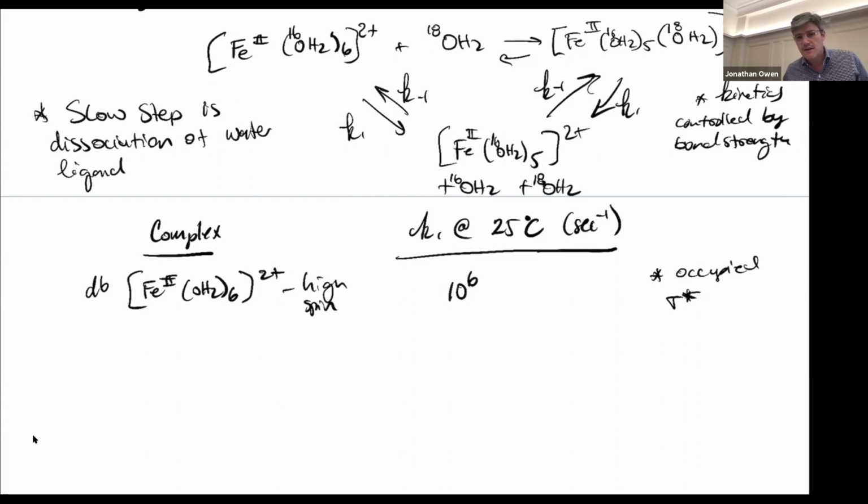And there's an electron in the antibonding, metal ligand antibonding orbital. That's the EG level. With an electron in that orbital, that's right in the way of this water molecule, and it makes it favorable for the water molecule to dissociate. When you put an electron into an antibonding level, it makes the bond want to break.